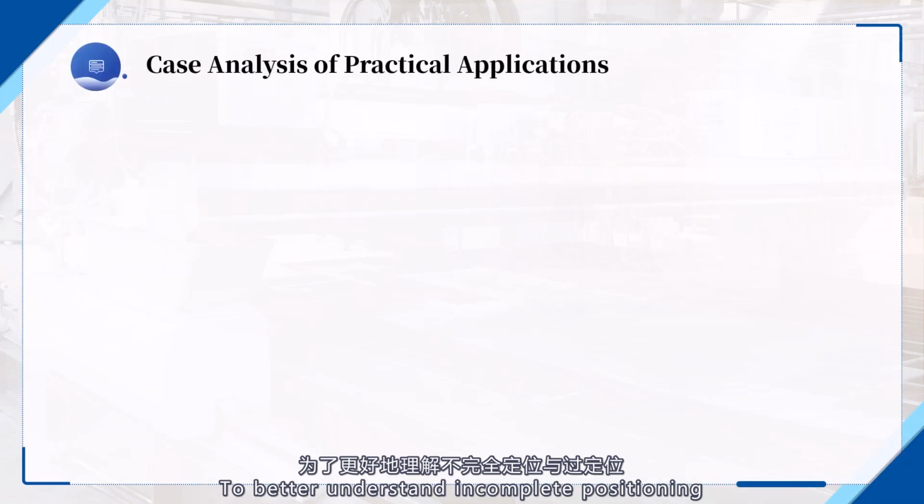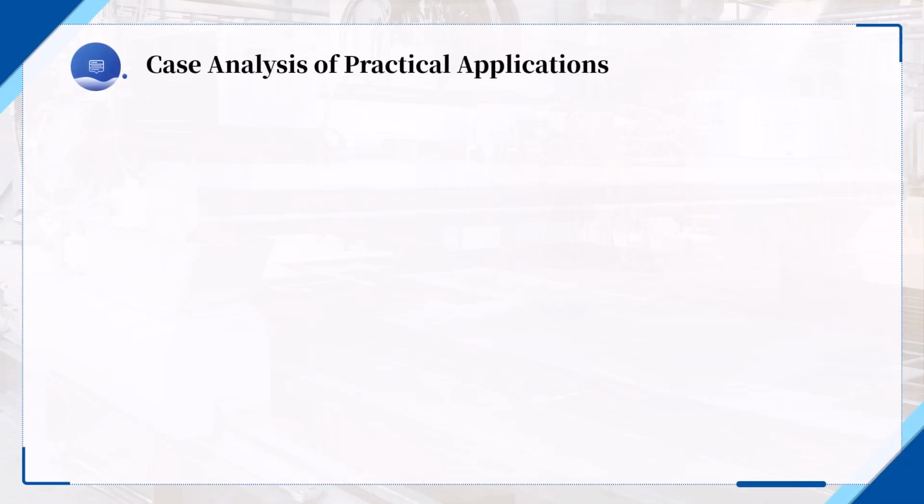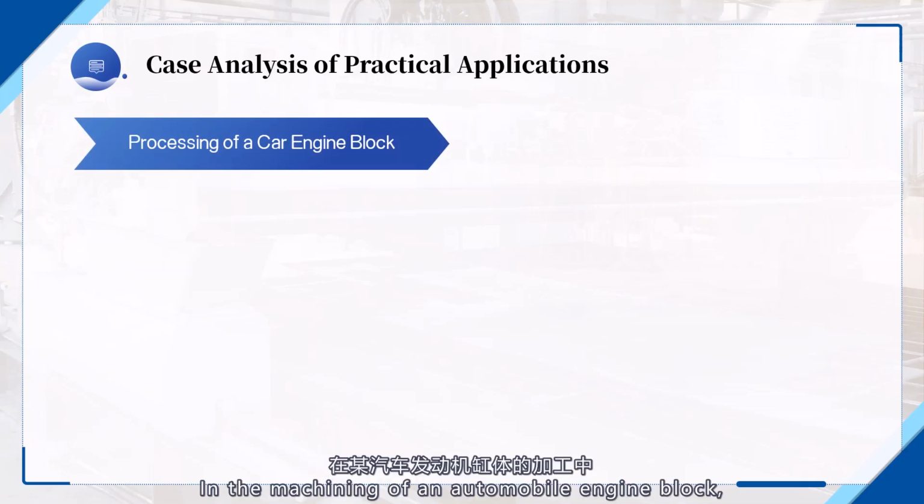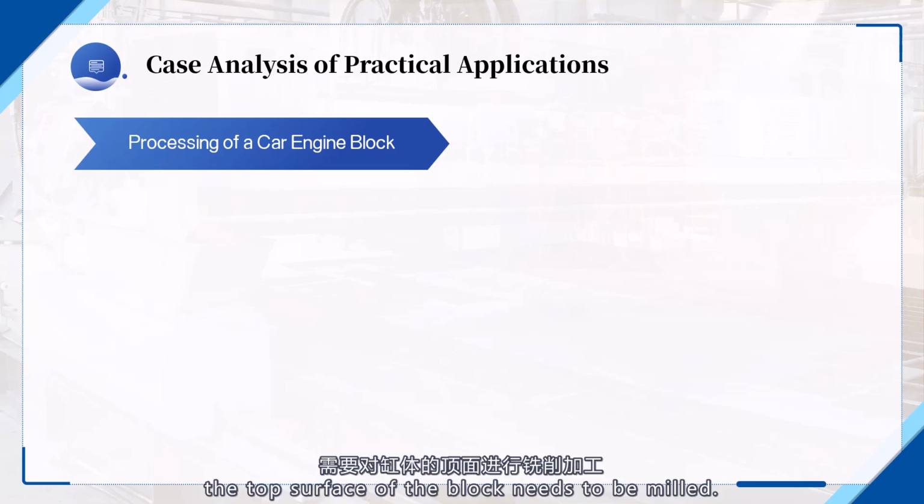To better understand the incomplete positioning and the over-positioning, let's look at a practical example. In the machining of an automobile engine block, the top surface of the block needs to be milled.